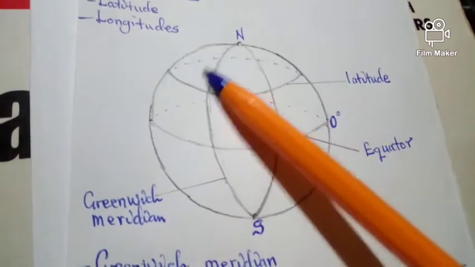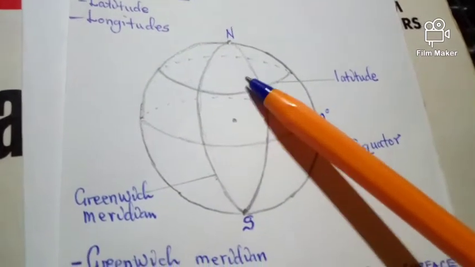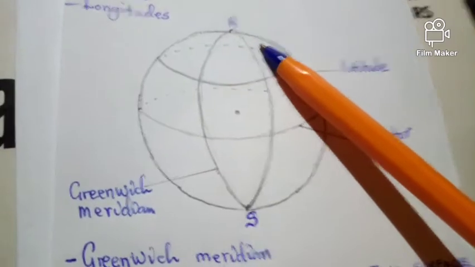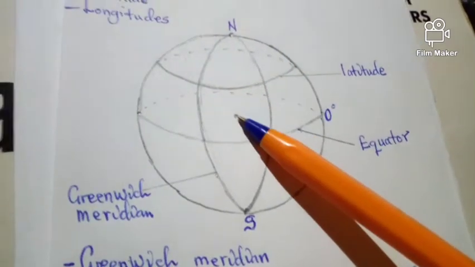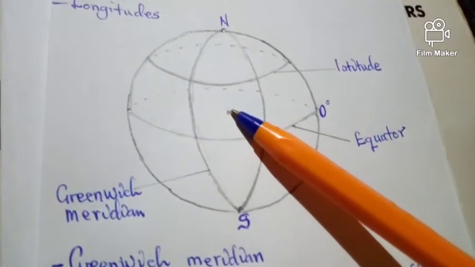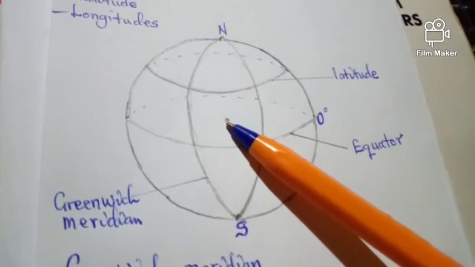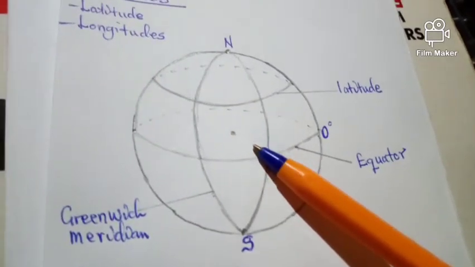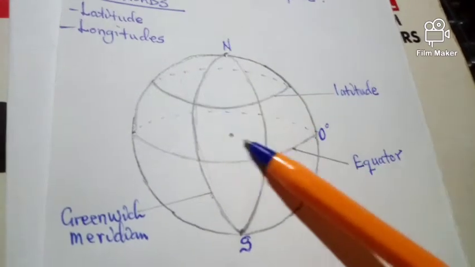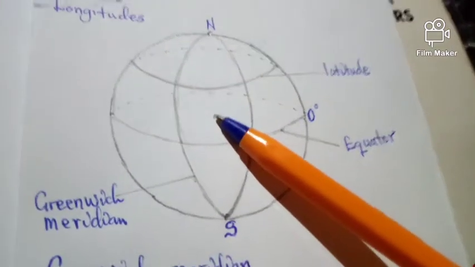Remember that all these lines do not exist on the Earth's surface; they are just imaginary lines. So, a great circle, by definition, is a circle whose center is the center of the Earth. Any circle on the Earth's surface whose center is the center of the Earth is called a great circle.